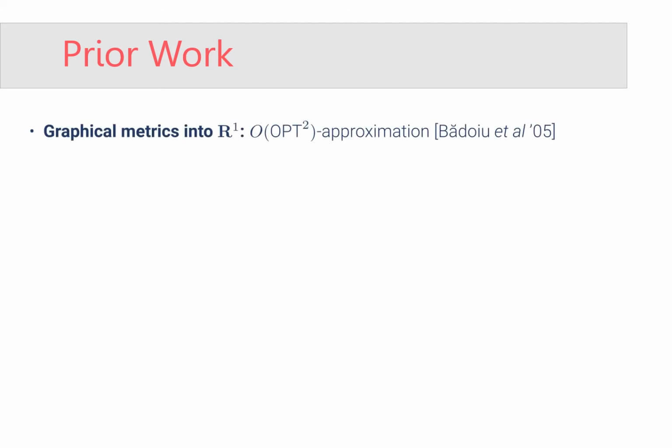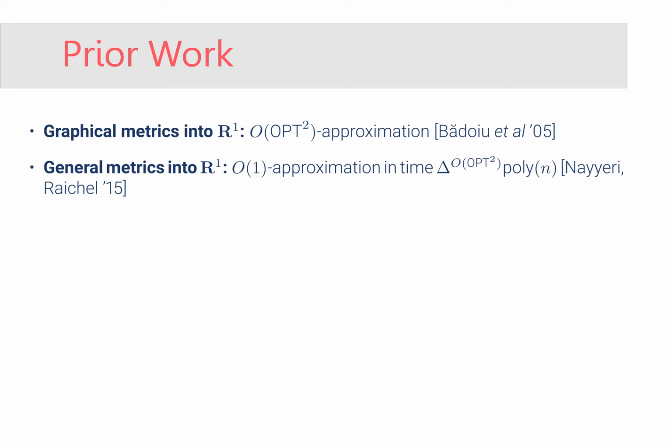The question of metric embeddings has been studied before, and I would just like to give a brief and by no means complete exposition of some more or less recent algorithmic work, which provides nice results about algorithms and complexity of approximate embeddings. First of all, there was work done by Badoiu et al. in 2005, and they provided an O(OPT^2) approximation into R1 for graphs.